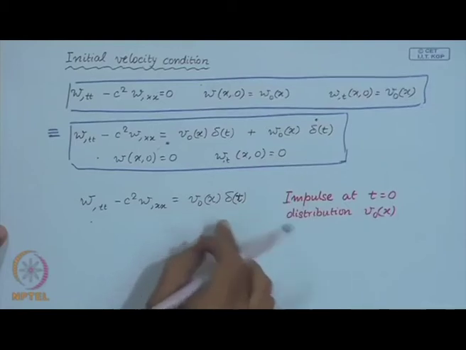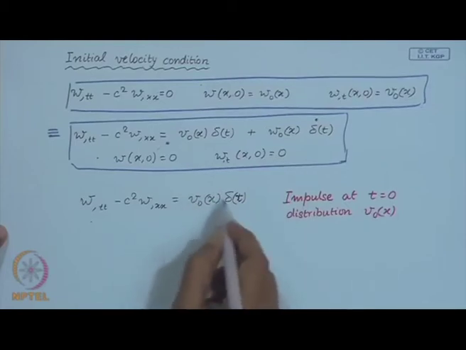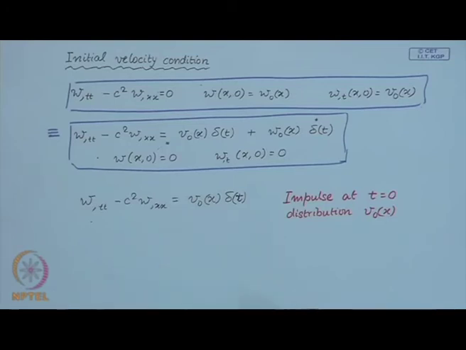So, for this distribution function V 0 x, if it happens to be a Dirac delta function, then we are representing such situations like striking the hammer of a piano or the hammer of a santoor on the string.